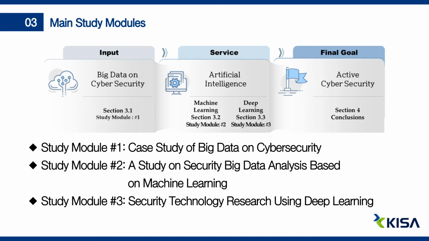This figure shows our study modules, including Big Data on Cybersecurity, AI, including machine learning, deep learning, and cybersecurity's final goal. This chapter will explain the importance of the Big Data on Cybersecurity and AI in each of the sections below from a cybersecurity perspective.